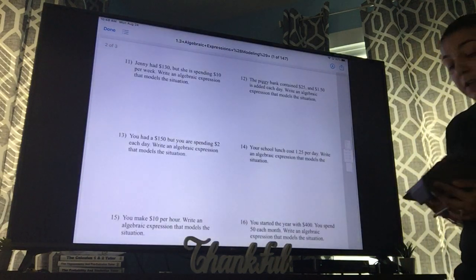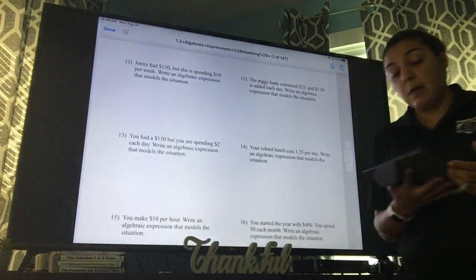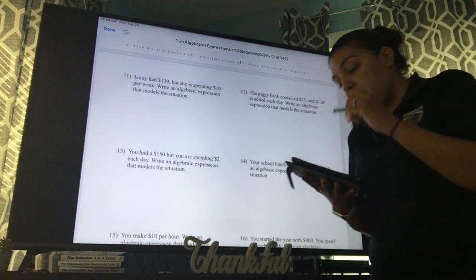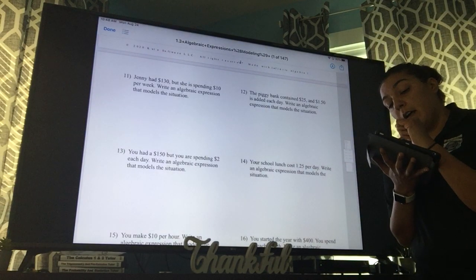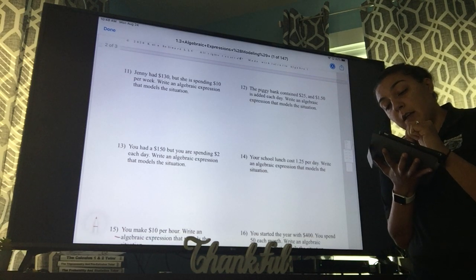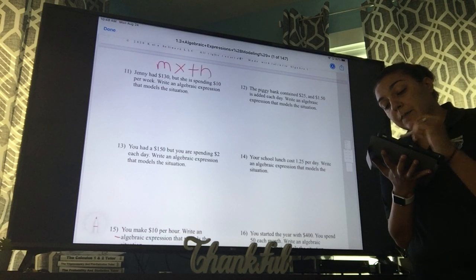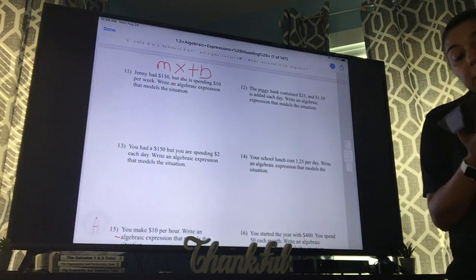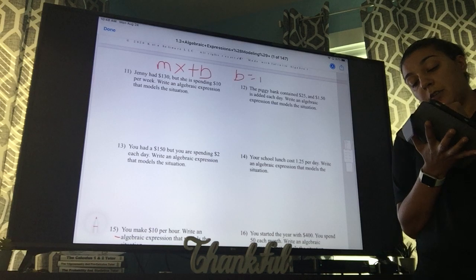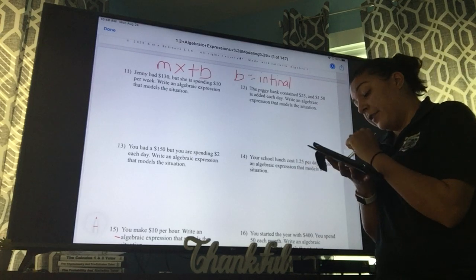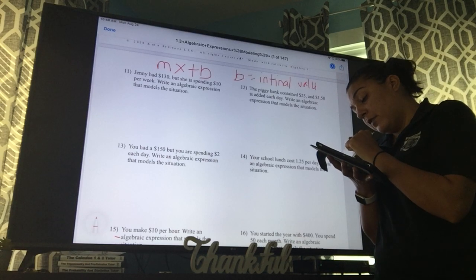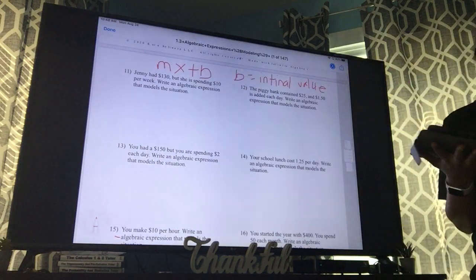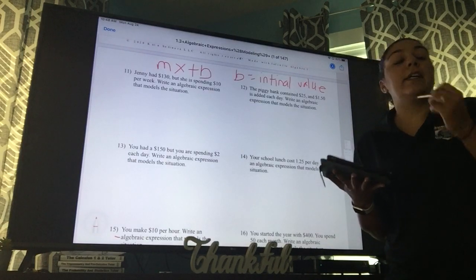The next section on here is the same thing. It's modeling. Somewhere on the top of your paper, I want you to write some type of little note. These are all going to be in the form of mx plus b. b is your initial value, and m is what people call your slope, but it's something that reoccurs.